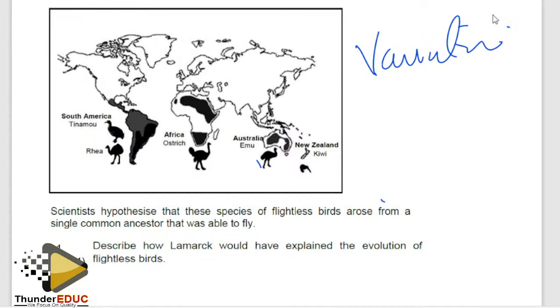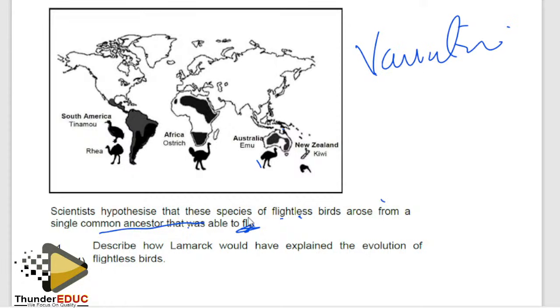When you talk about the variation, the first statement must be there was variation among these flying or flightless birds. Flightless birds arose from a single common ancestor of flying birds. There is variation among these birds, those which are able to fly and those which are not.